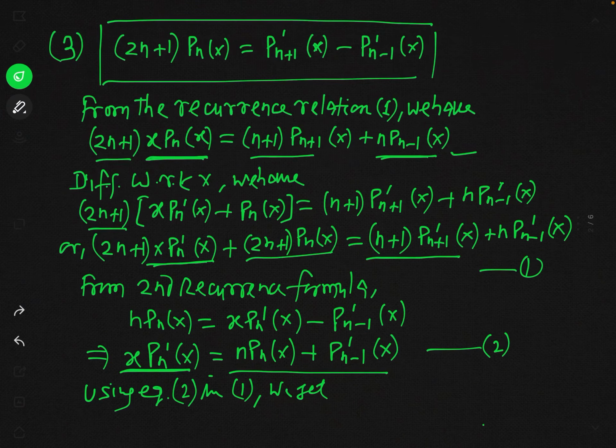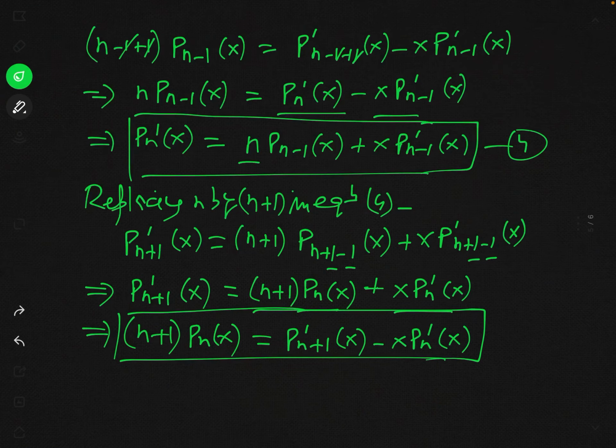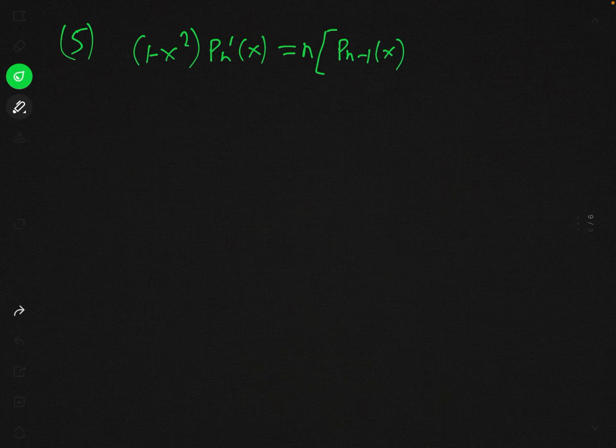So I am again repeating the fifth recurrence formula, and after writing this relation, we will prove it. The fifth recurrence formula is 1 minus x square into Pn prime of x equal to n times Pn minus 1 of x minus x times Pn of x.